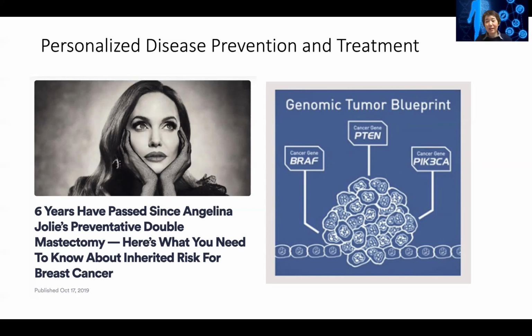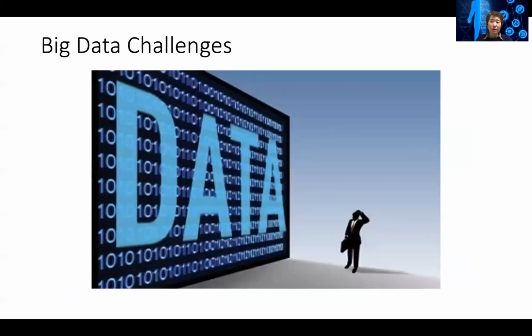And so you can see here, with the cost of sequencing genomes reducing so quickly, you can really have personalized disease prevention, diagnosis, and also personalized medicine or precision medicine to treat the disease based on the specific DNA sequence. Of course, this again generates a huge amount of data, and we are faced with big data challenges.